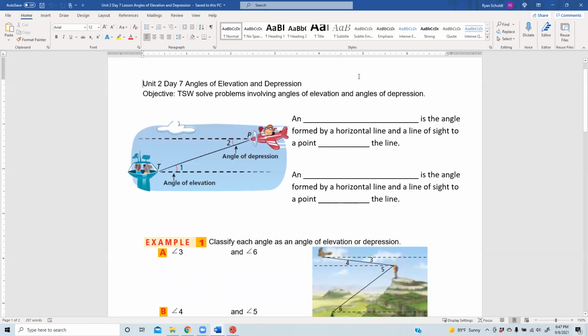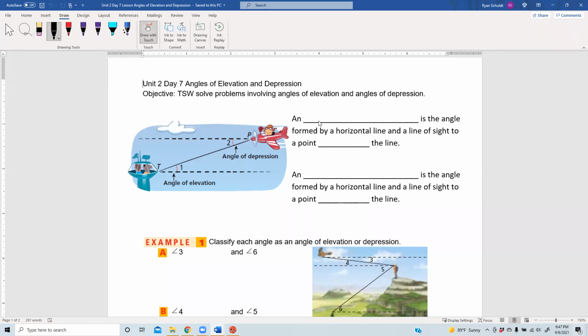So an angle of depression is the angle formed by a horizontal line and a line of sight to a point below the line. If we're looking at this pilot right here, if he's looking down at the control tower, that's depression.